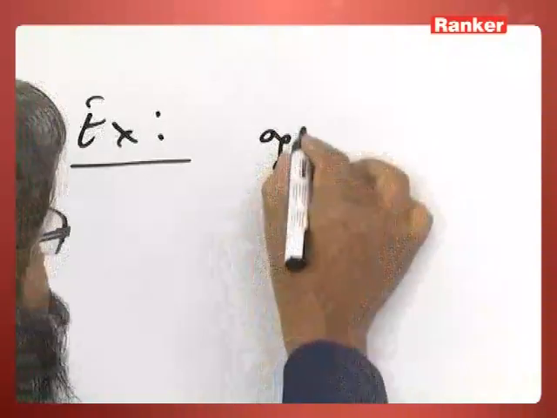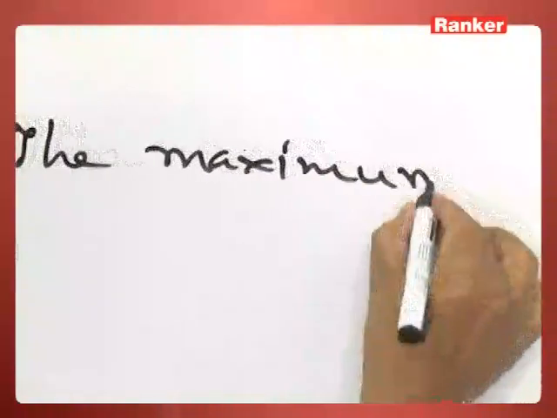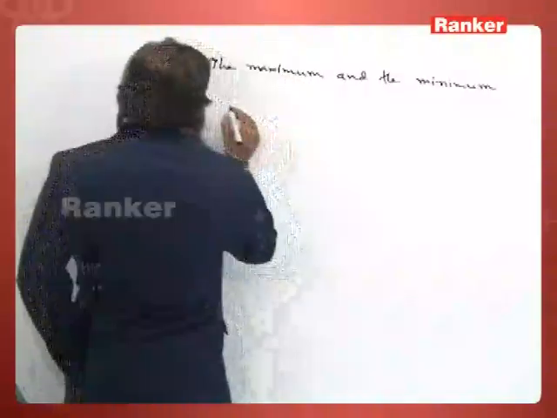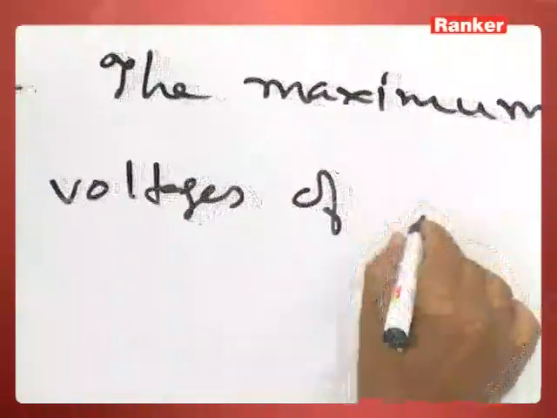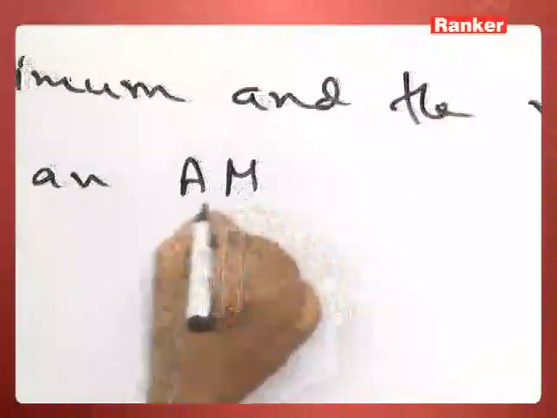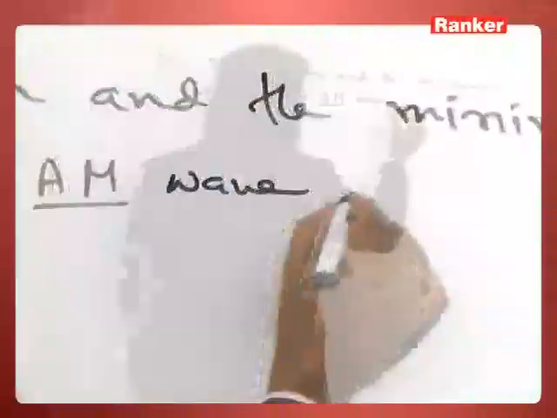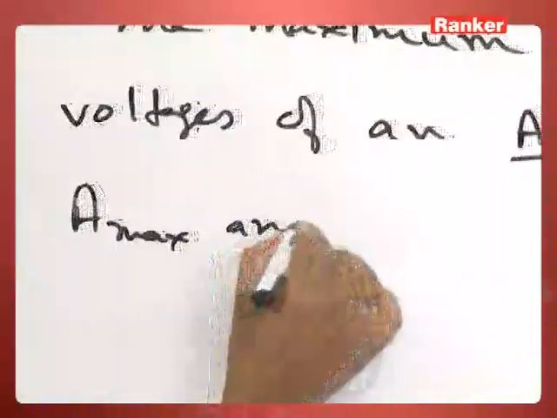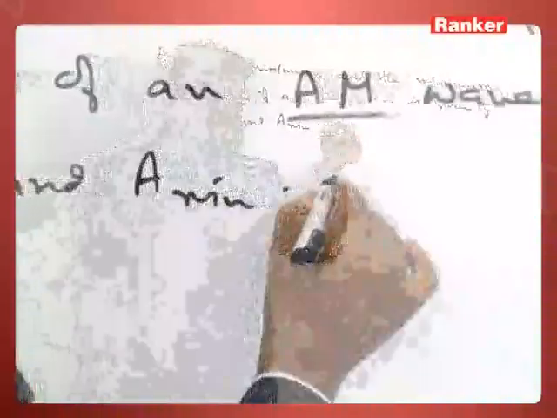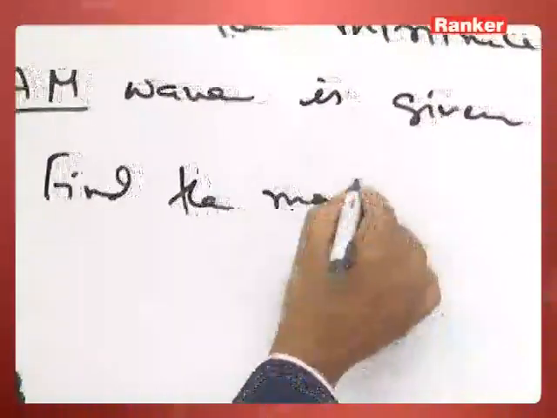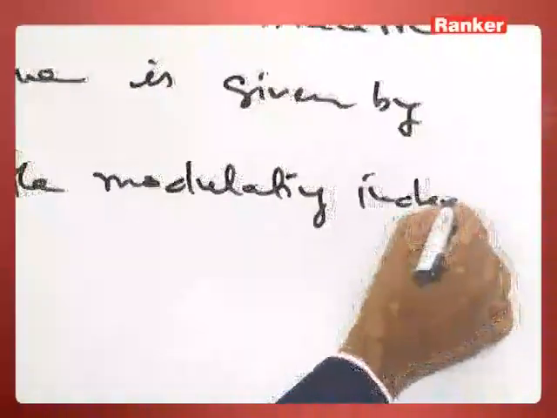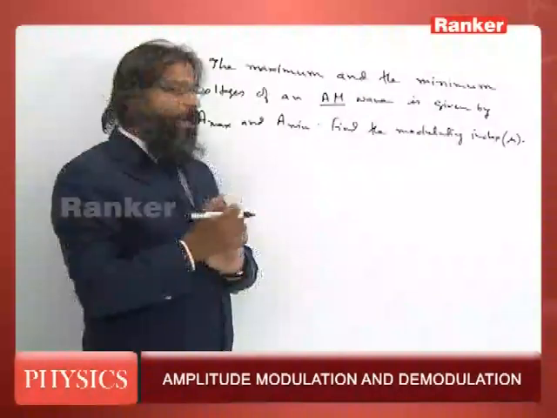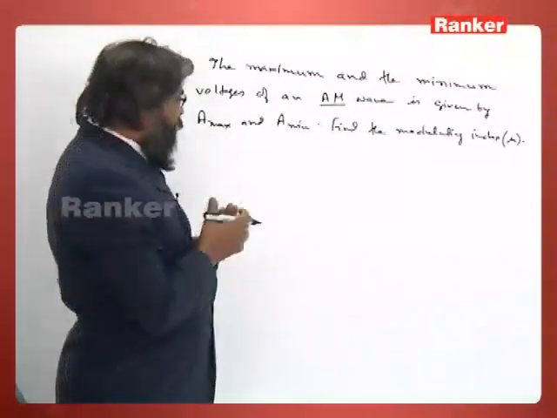So the maximum and the minimum voltages of an amplitude modulated wave, AM wave, are given by A max and A min. Find the modulation index mu. So by this we want to know how amplitude modulation is taking place.